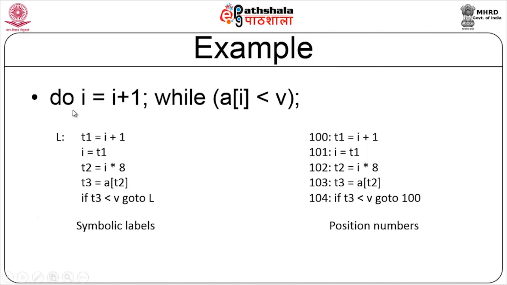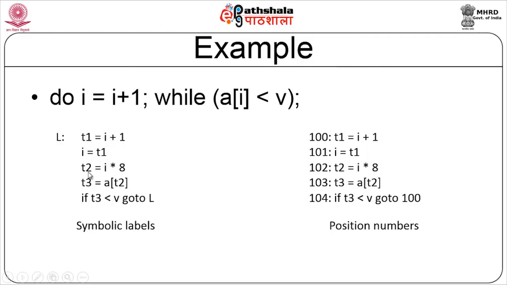So these are some examples. For example, if I have do I is equal to I plus 1 while A of I less than V, the corresponding 3 address code will be like this. I have to compute I plus 1 first, that is what I am doing here. I am also assigning a label here, L, and I say I is equal to T1, which is computed in the previous line.